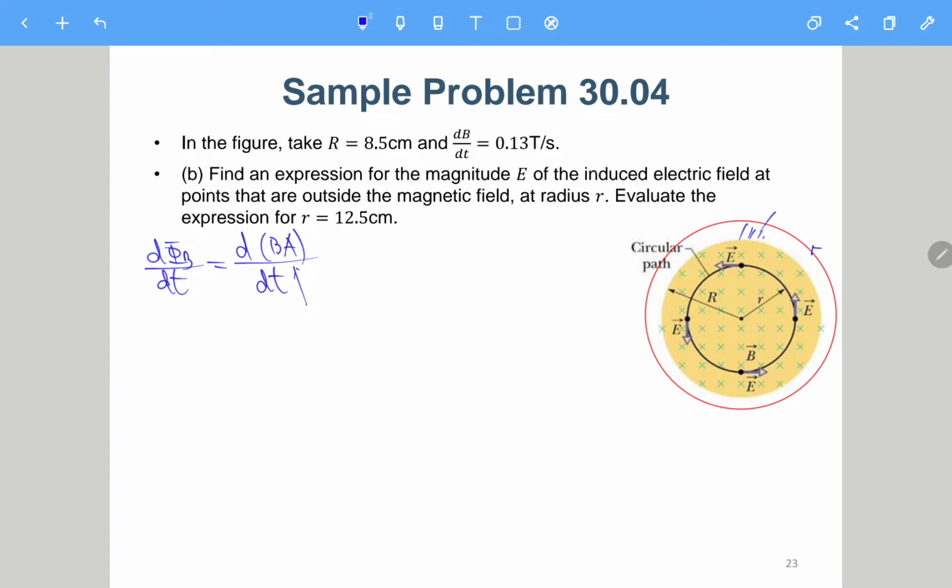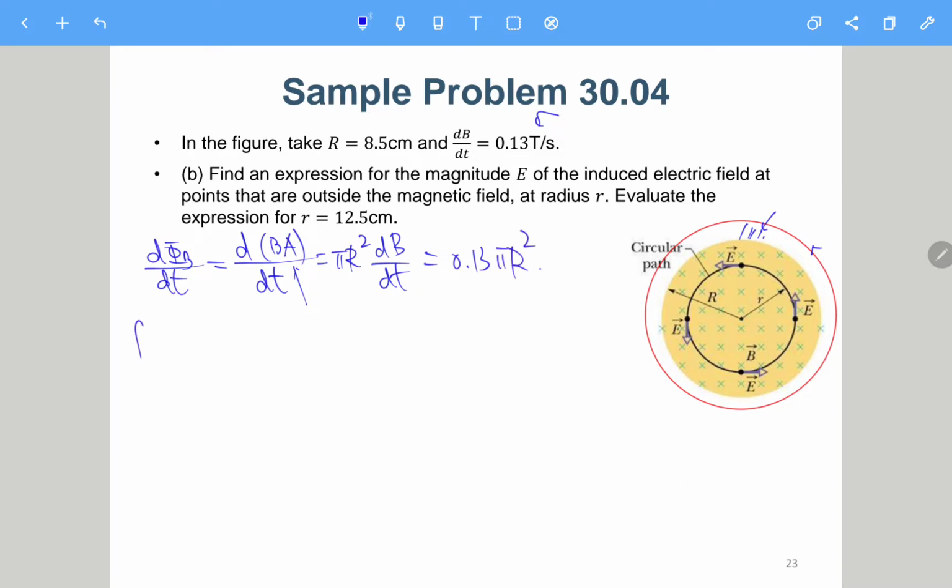Here we don't have any B field. So here the A should be pi capital R squared rather than pi small r squared. And we still have a dB/dt. So this number is still the same, 0.13 pi capital R squared.